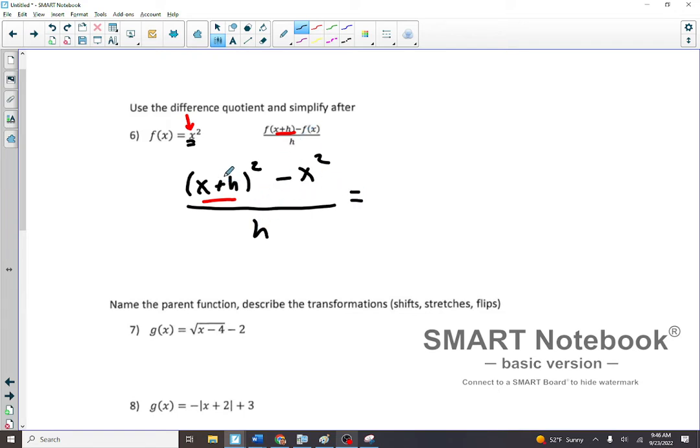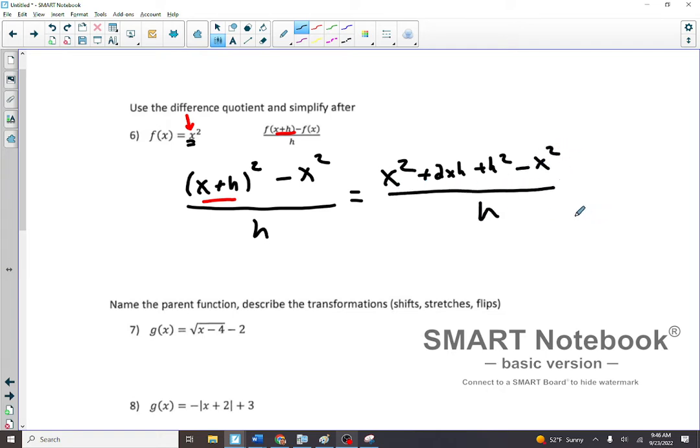Okay, so here I have to distribute the thing. Remember, it is FOILing. So it becomes x squared plus 2xh plus h squared minus x squared, all over h.